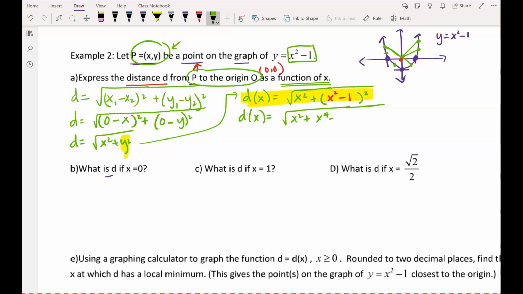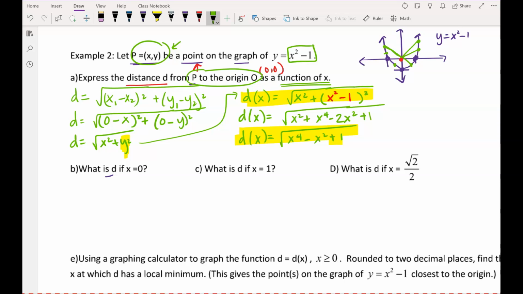In the middle you would have negative 2x squared and then a positive 1. After combining like terms, you would have x to the 4th minus x squared plus 1. This will also be acceptable. Again, you don't have to FOIL, but if you do FOIL, that's what you would get.